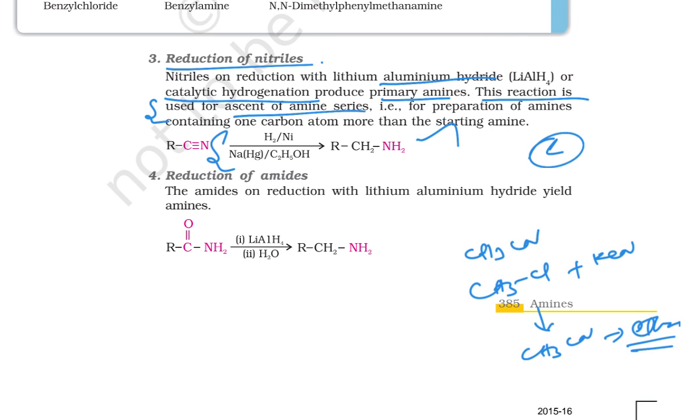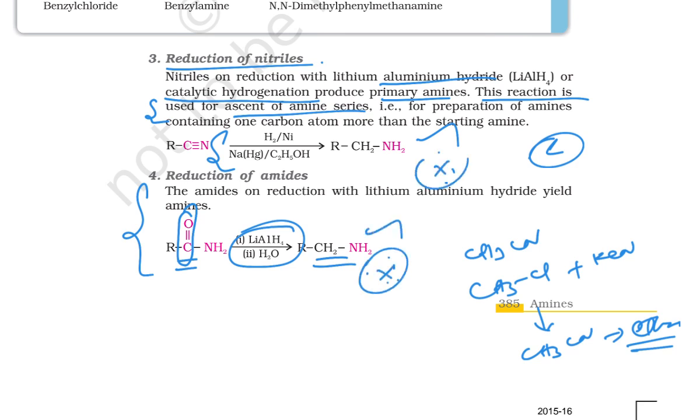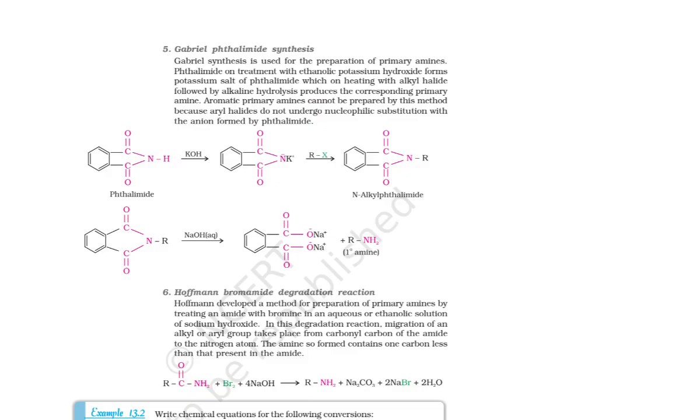So reduction of amide is, here also what we are going to do is, the C double bond O is specifically reduced by lithium aluminium hydride, and it becomes CH2. Clear? So this is very, very important. This also important, this also important. Next we go for another. Look here, there is the Gabriel phthalimide reaction, right?